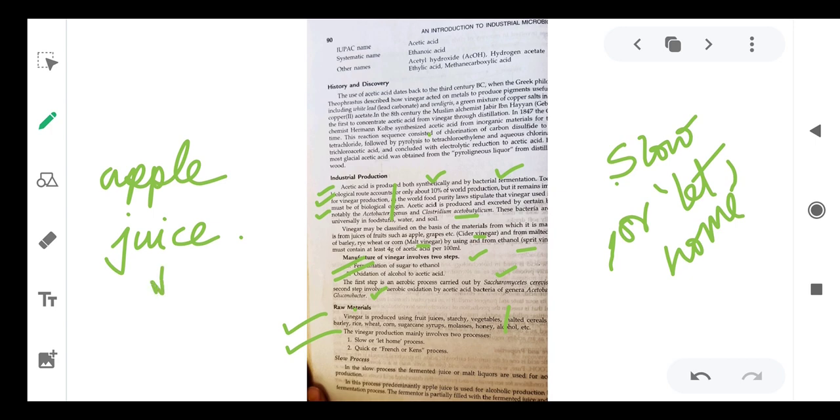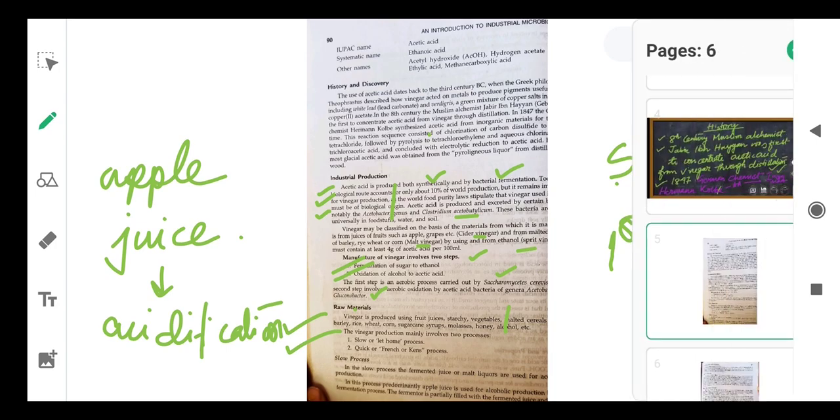It is supplemented with vinegar bacteria, mother liquor vinegar, a film of vinegar bacteria called mother of vinegar.